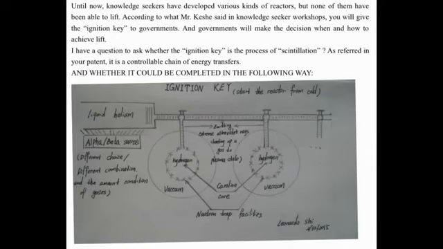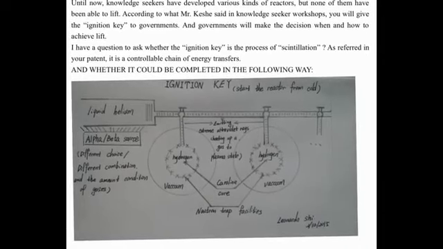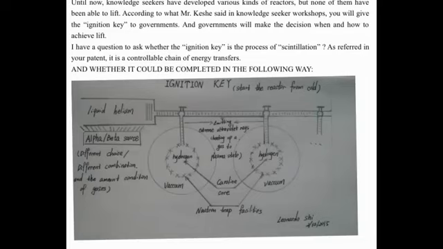According to what Mr. Kesh said in Knowledge Seeker workshops, you will give the ignition key to governments, and governments will make the decision when and how to achieve lift. I have a question to ask whether the ignition key is the process of scintillation, as referred to in your patent. It is a controllable chain of energy transfers, and whether it could be completed in the following way.